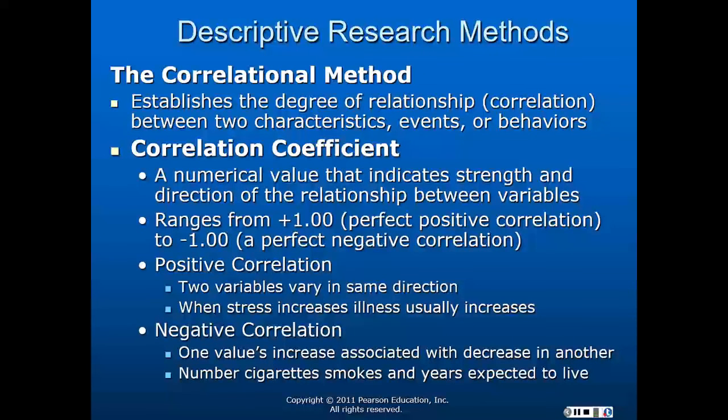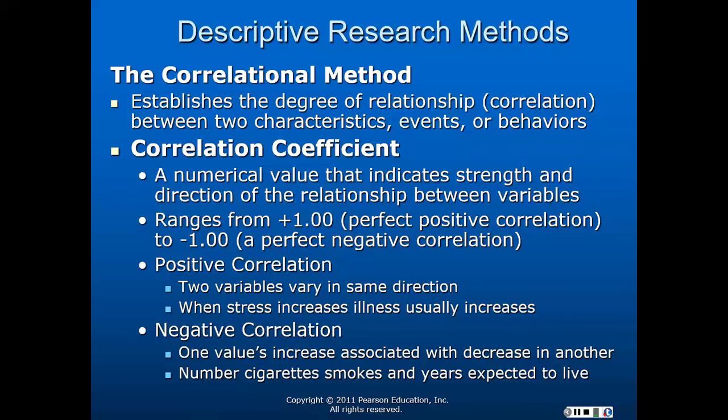Now, we're moving to correlational methods. It's really important for us to understand a correlational method and identify all of its limitations. So we understand that a correlational method examines relationships among variables.